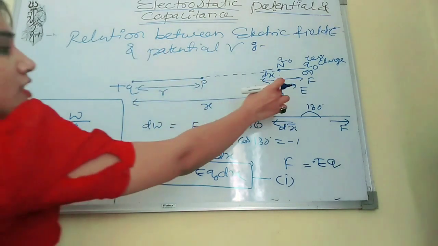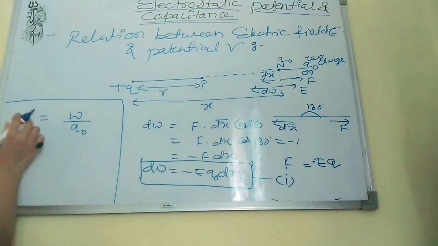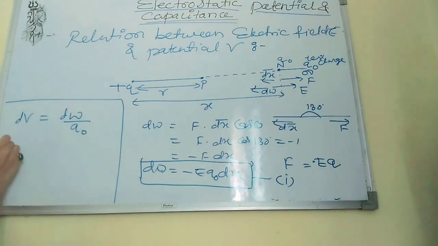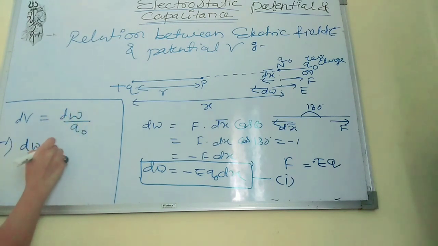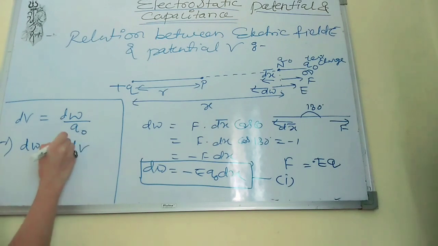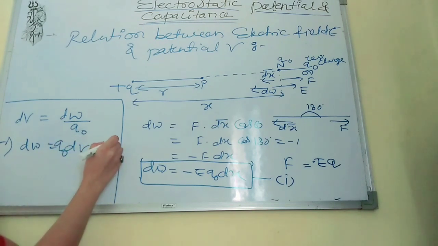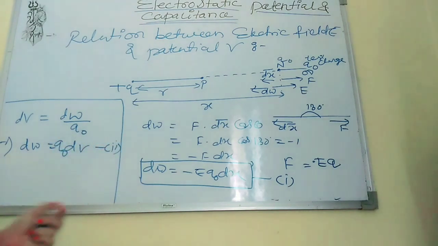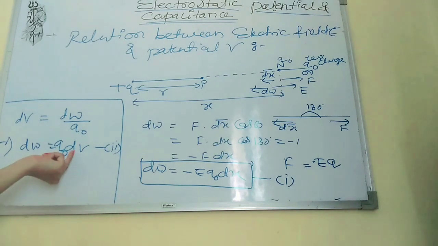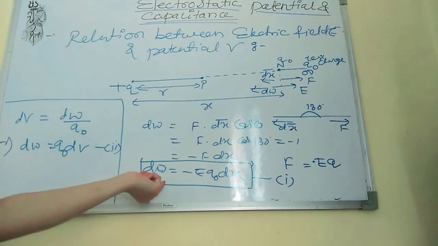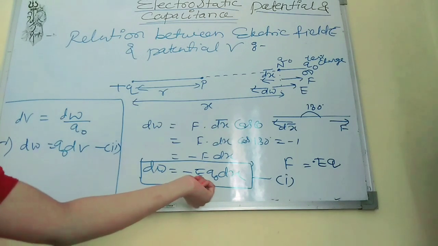Here we are taking a small work done, so we will take a small potential, so that will be dW and dV. Now we just multiply this q naught with dV, so dW becomes q naught dV, and we are marking this as equation number 2. Here dW value is q naught dV, and dW is minus E q naught dx.